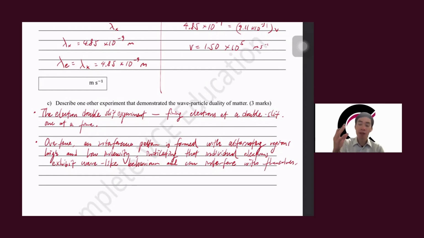If both detectors register, they pass through both slits at the same time. Interestingly, when the detectors are added, however, if electrons are observed, so we try to observe the situation as they pass through the slits.